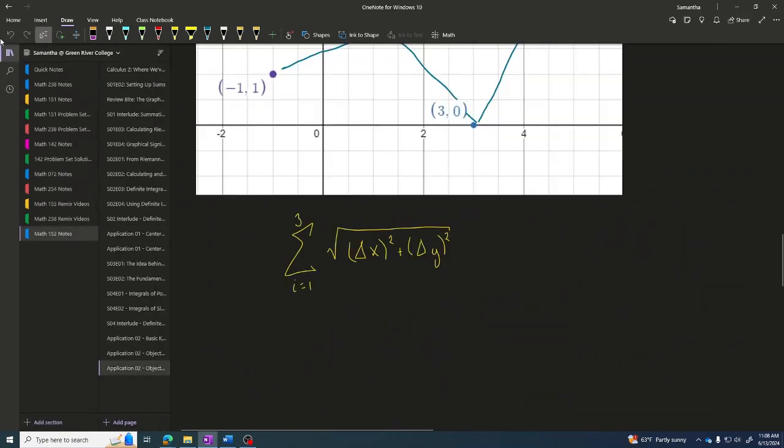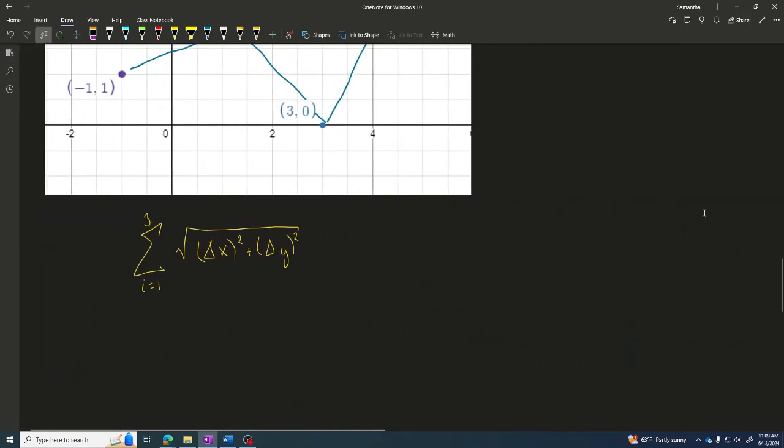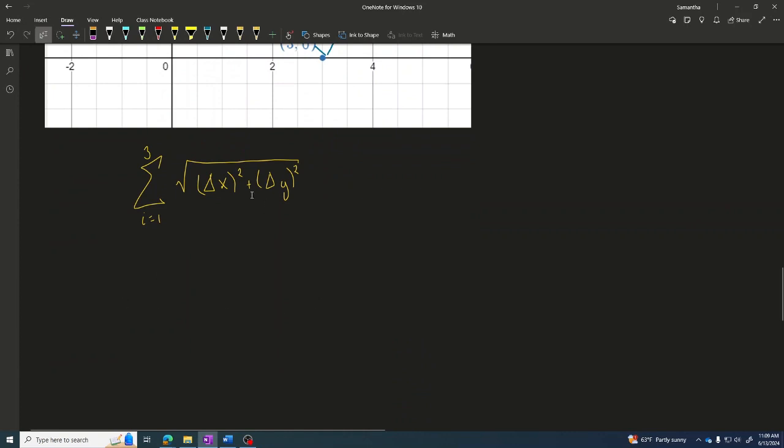Now I'm going to do an algebraic manipulation that is going to fix both of those issues in one maneuver here. I am going to go ahead and factor out a delta x squared from under the root.